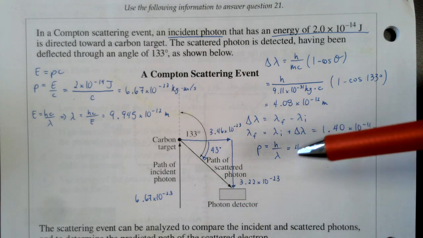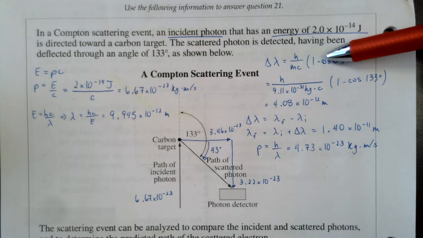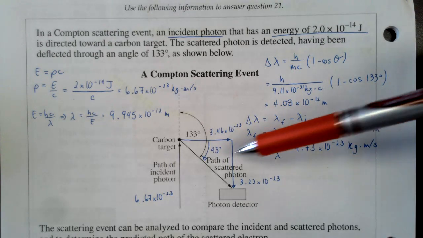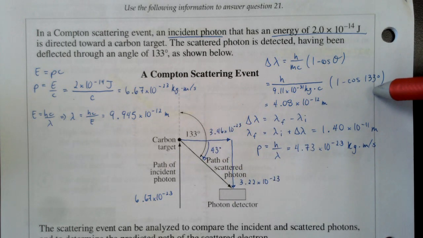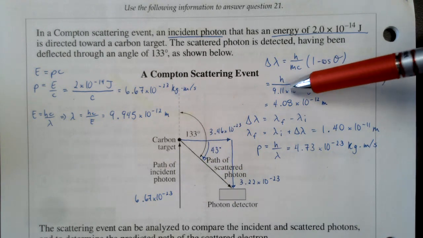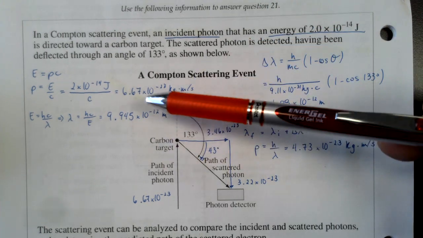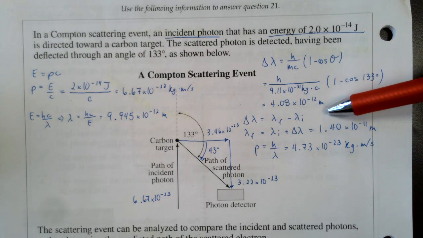From here, I then use my Compton effect relationship. And using my Compton effect, I was able to find the new wavelength of this photon. So I knew the angle, h over mc. The m is talking about the electron that was scattered. So I use the mass of an electron here, and I found the new wavelength.